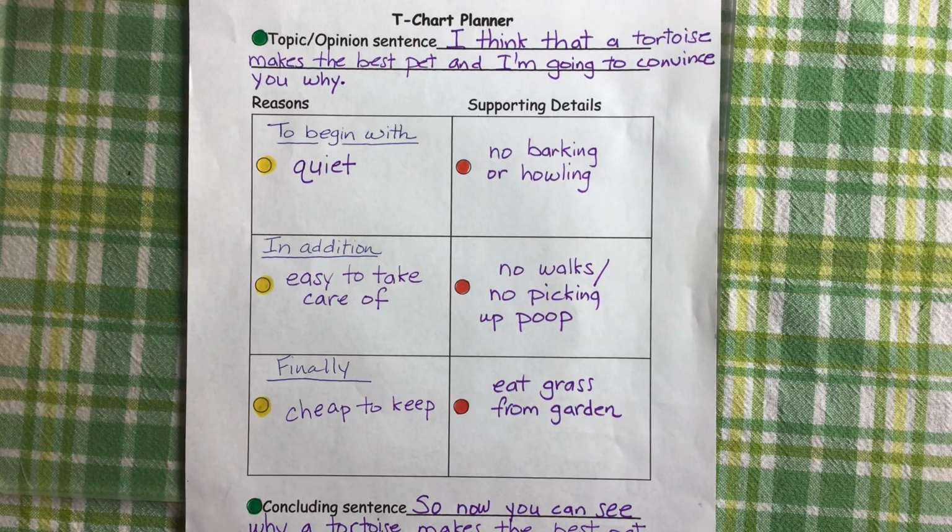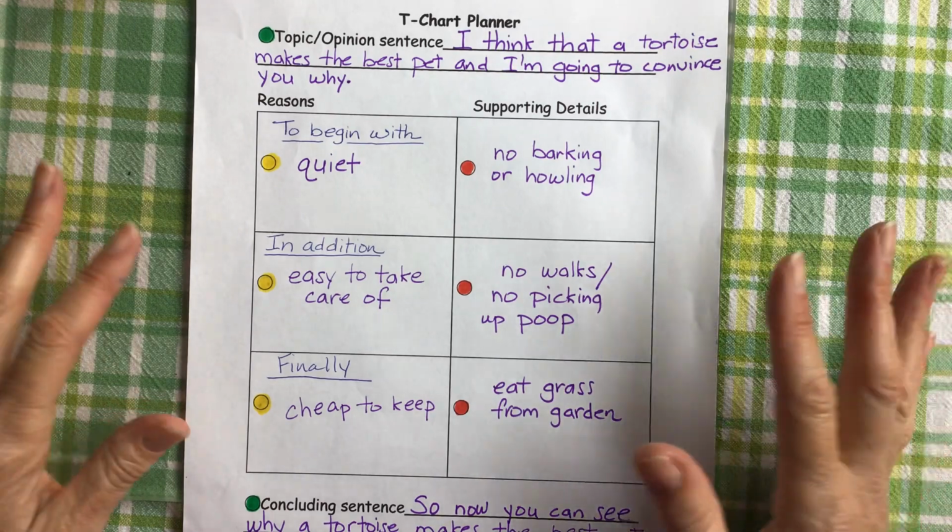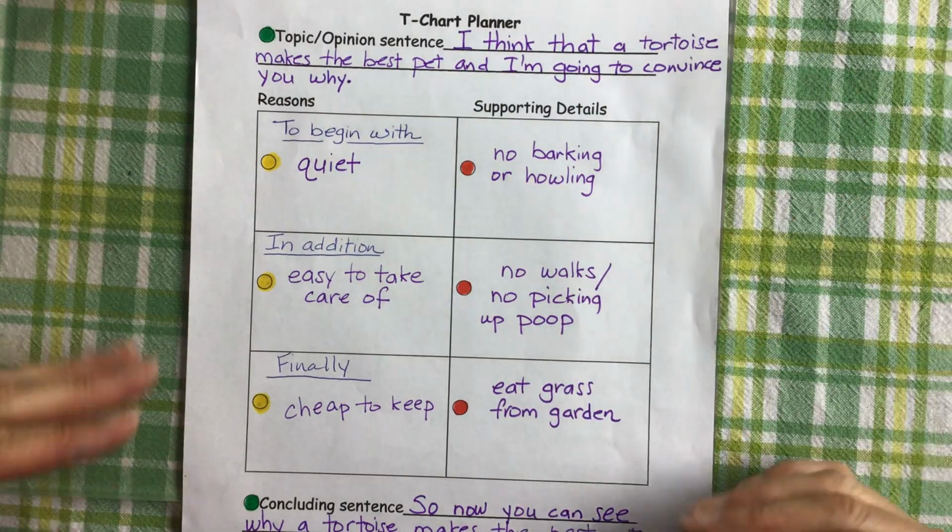And you might remember this from when we were doing our informational writing at the beginning of the year in second grade. And what we're doing here is, our brains are incredible organs, and our brain takes in information from all of our senses, from our eyes, our ears, our sense of touch, smell, etc. And what we've done here to help our brain write this paragraph is that we have written down all of our ideas.